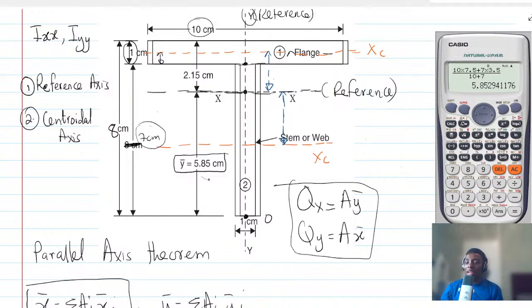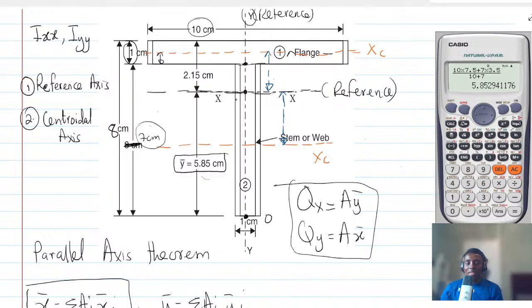They have done it already here, but I wanted to calculate it with you. So essentially what this means is that we have found the orientation of the x-axis. In other words, we have been able to locate the y bar of the whole figure.